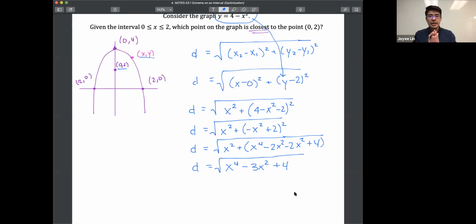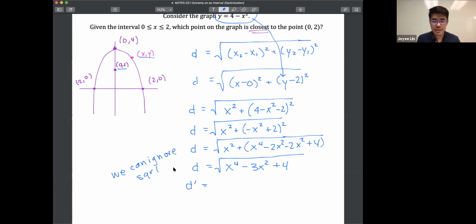So the trick is when you're minimizing a distance, or maximizing a distance even, you can actually ignore the square root, because the critical values without the square root will actually be the same as with the square root. So we can say D prime then, and we're just going to take the derivative of the stuff under the square root. I'll put a note here for people who want to look at this later. We can ignore square root.